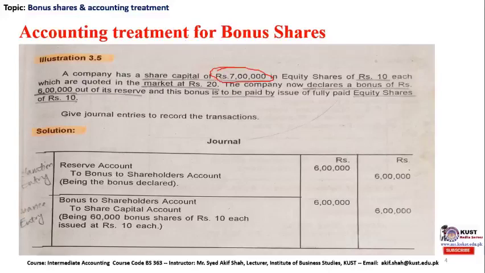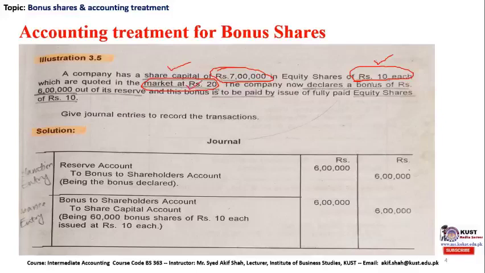Its total share capital, which is the permanent share capital, is 7 lakh rupees in equity shares of rupees 10 each. Each share is rupees 10 worth, which are quoted in the market at 20 rupees. The par value or the actual value of the share is rupees 10, but on the Karachi or Pakistan Stock Exchange nowadays, it is rupees 20.